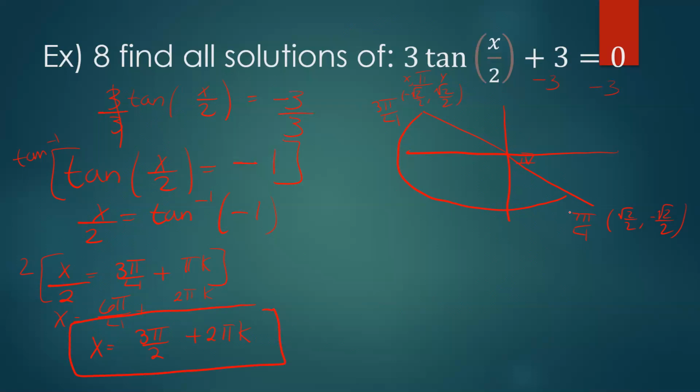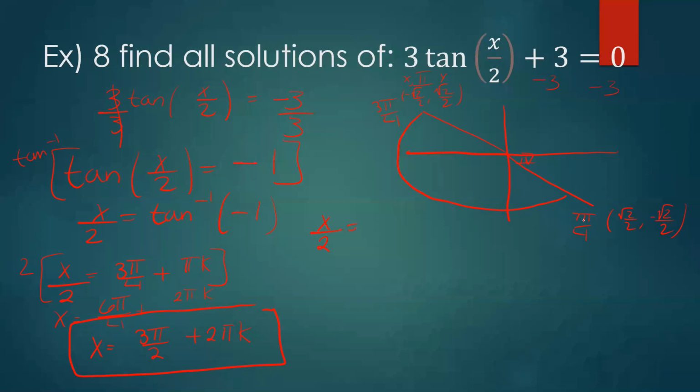And then let's look at the 7 pi over 4. So still set it as x over 2, because it doesn't go away. Actually, I think it stops right there.